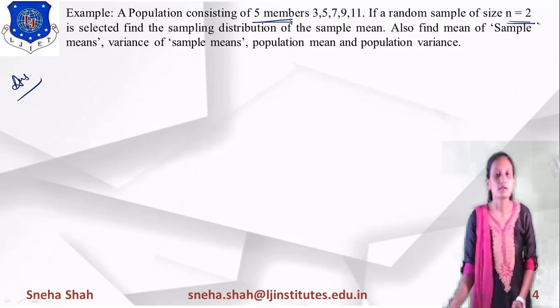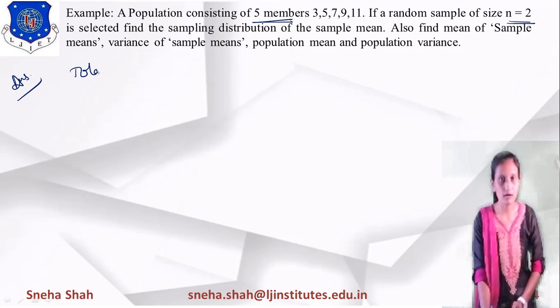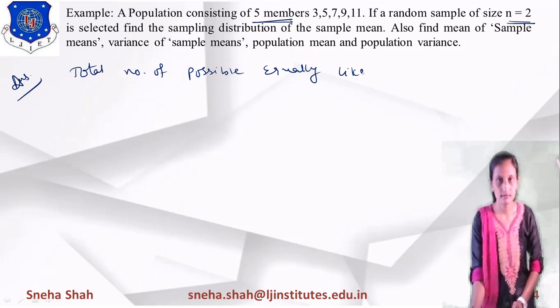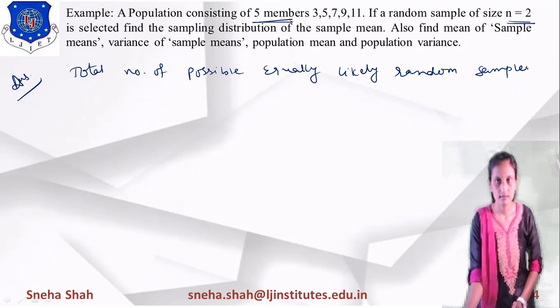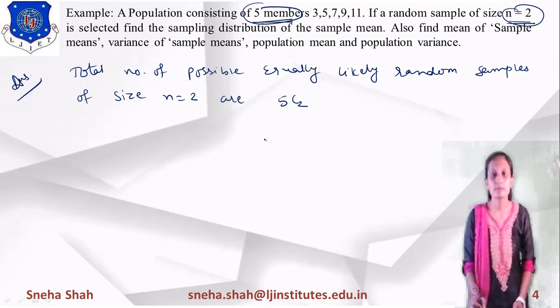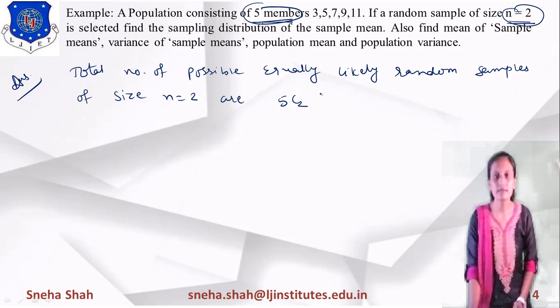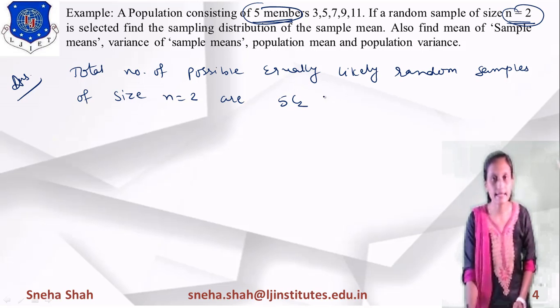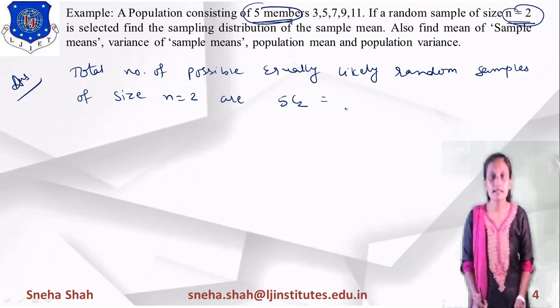So the total number of possible equally likely random samples of size n equals 2 is 5C2, because from 5 members we have to select 2 members at the same time. What is the value of 5C2? We have already seen this in combinations.